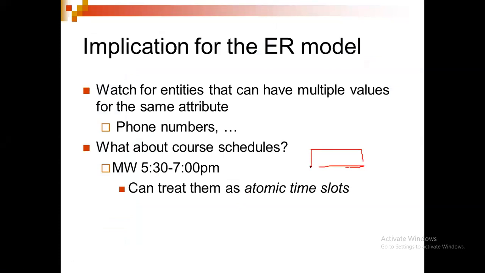Here I have something called student, which has an attribute, say phone number. Here I'm writing just the phone number.